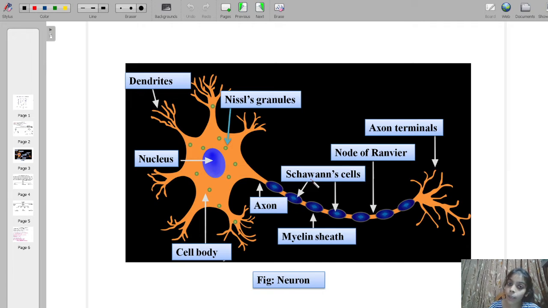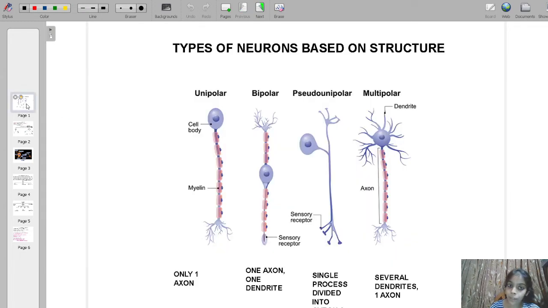Okay. So this is the basic structure of neuron. Now, based on structure, there can be certain kinds of neurons. So we are going to have a look at that. These are the types of neurons based on structure. As you can see, the first one is called unipolar.